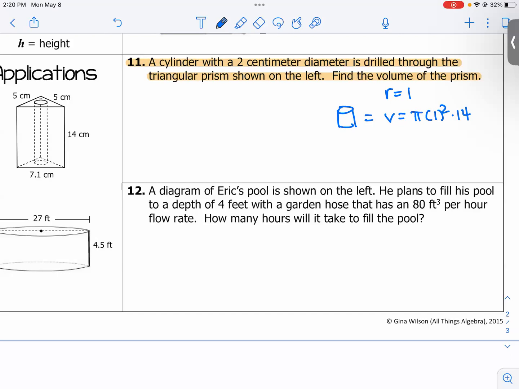Harper, do we need to do anything with the triangle thing? How do we find the volume of the triangle thing? Okay, can you tell me those numbers? You know what to do. All right. Addie, help her out.